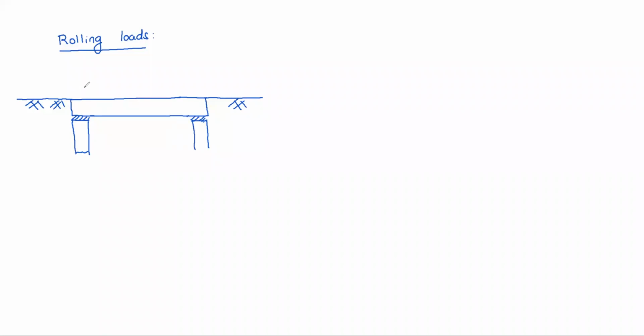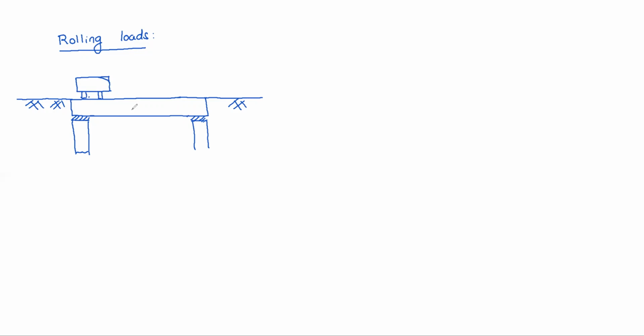Suppose you have a bridge like this, resting on two supports, a simply supported bridge. A vehicle is moving like this. As the vehicle is moving, at any section, the shear force or bending moment will vary.